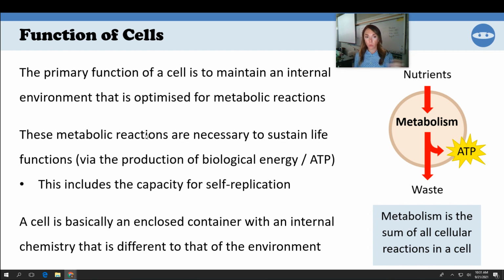Okay. Now, those metabolic reactions that we'll talk about a little later, like energy and mitochondria, are absolutely vital to sustain life, to keep life going. So we have a cell, it's made, and now it needs to be able to keep living. One of the things that allows the organism to keep living is its ability to self-replicate.